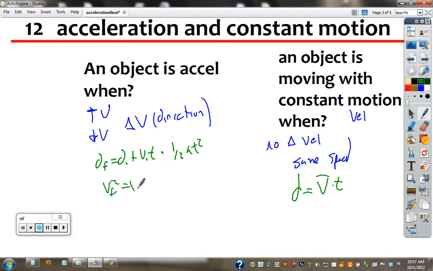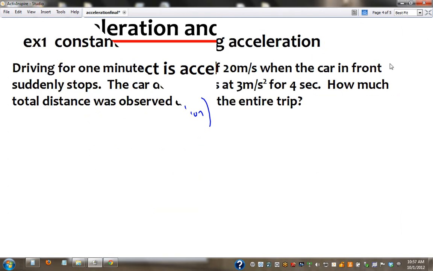V final squared equals V initial squared plus 2A change in distance. Velocity final equals velocity initial plus acceleration times time.